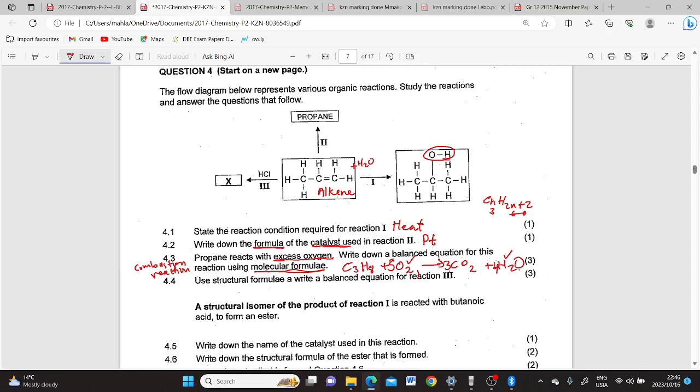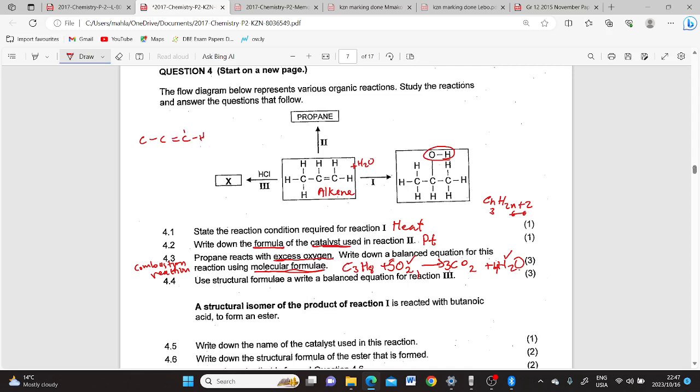Use structural formulae to write a balanced equation for reaction 3. What is reaction 3? It's here. They say use structural formulae, strictly structural formulae. So let's put it at the top here. This is reaction 3. So we're going to have 1, 2, double bond carbon.